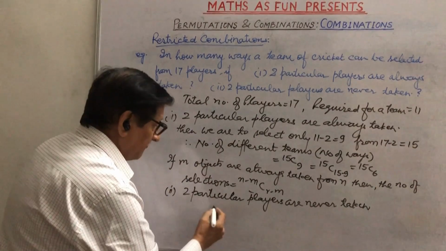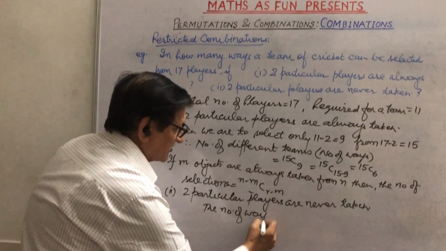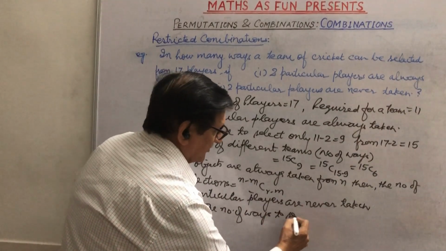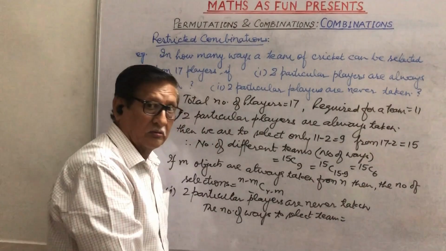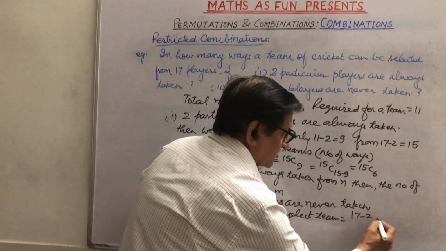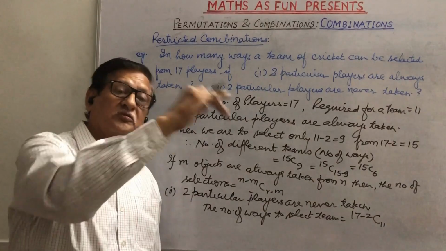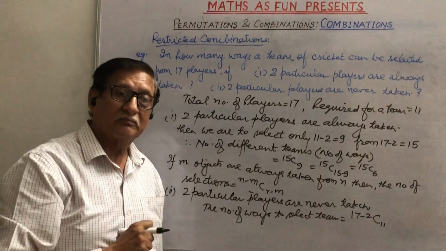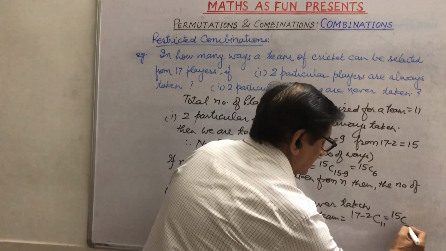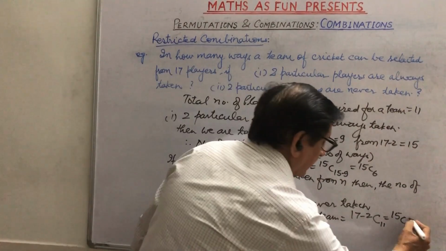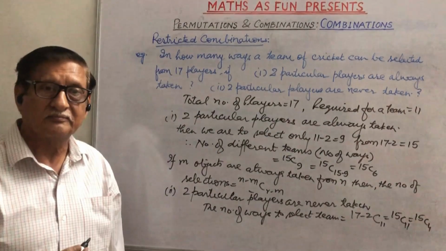So we can say the number of ways to select team will be equal to 17 minus 2 C 11. Because all 11 are to be selected from the remaining ones, because those 2 are already out. And this will be same as 15 C 11, which can be written as 15 C 4, and we can calculate and find the answer.